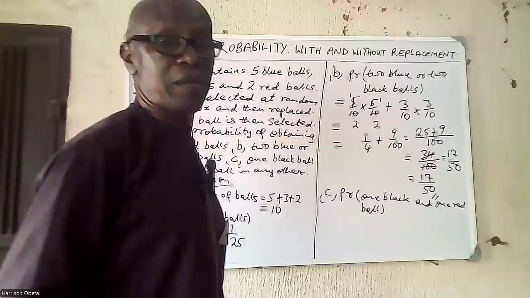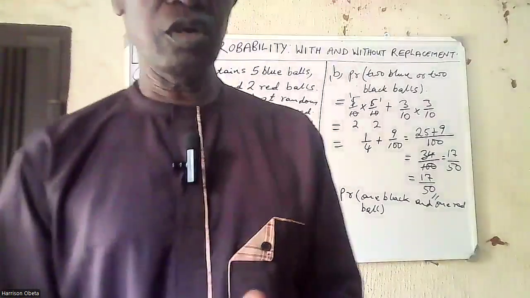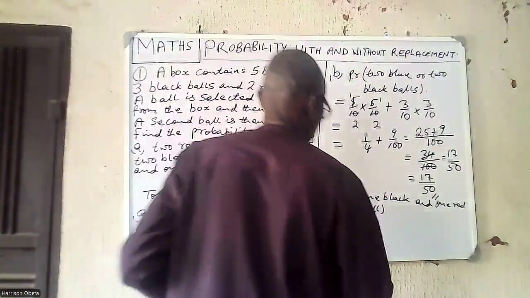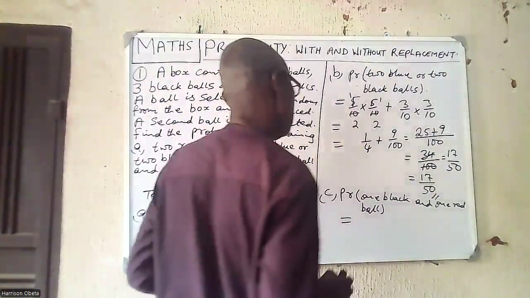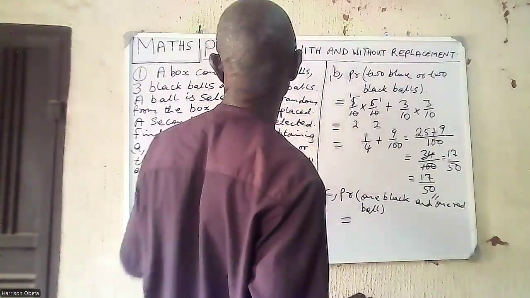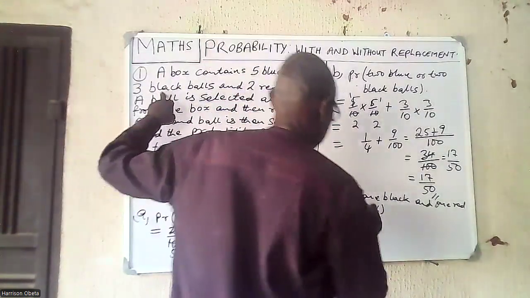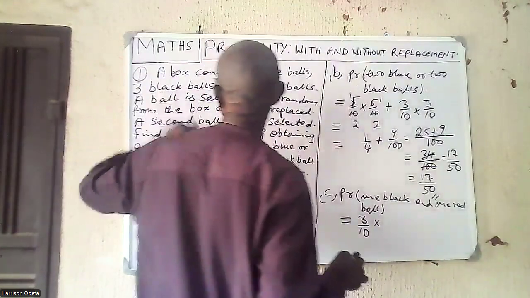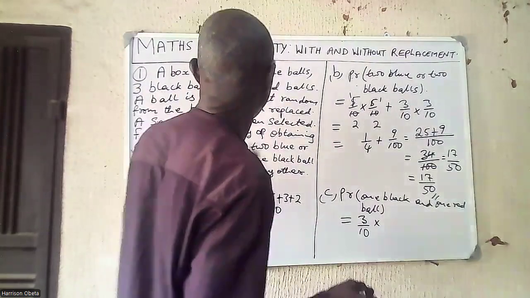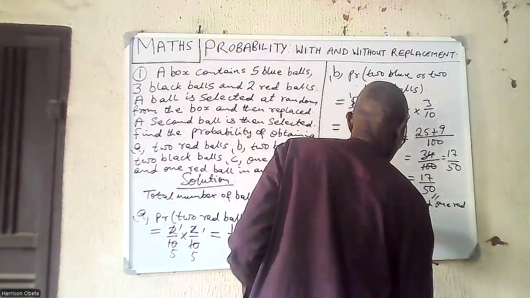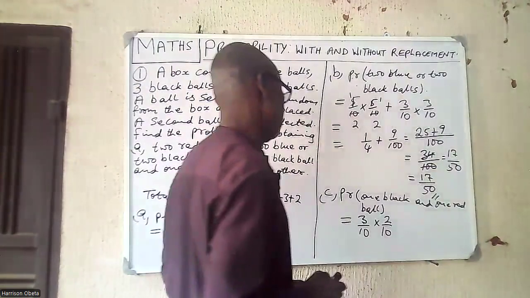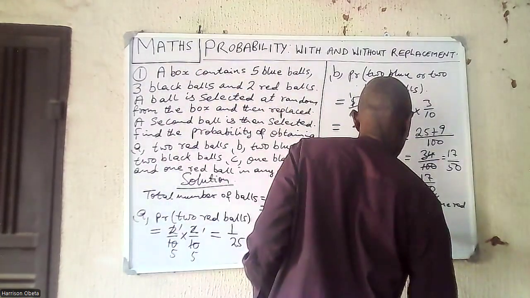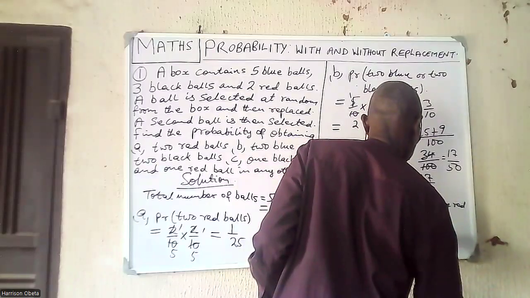And in probability, and is multiplication, while or is addition. So that will give us black. How many do we have? We have 3. That's 3 over 10 times red, you have 2 over 10, since we pick and replace. And that is 6 over 100.